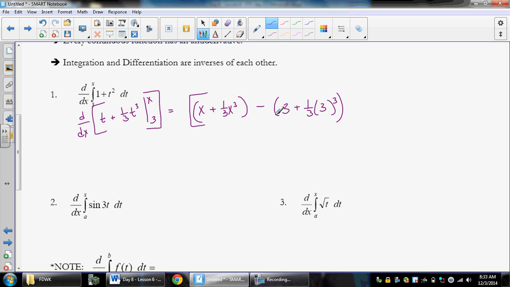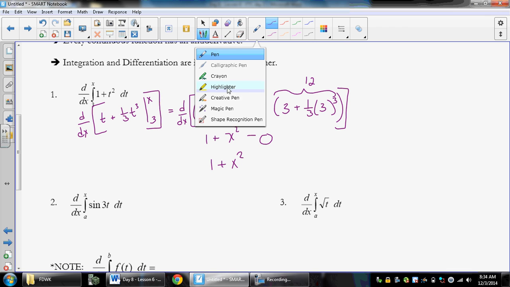The derivative with respect to x of x is 1, and the derivative with respect to x of 1/3 x cubed, well, bring down the 3, those cancel, is going to be x squared. And then the derivative with respect to x of this, which is technically 3 plus 9, which is 12, what's the derivative with respect to x of 12? Oh yeah, it's 0. So the derivative with respect to x of everything becomes 1 plus x squared.